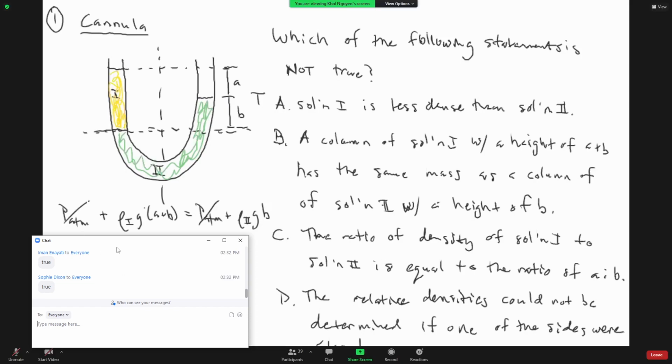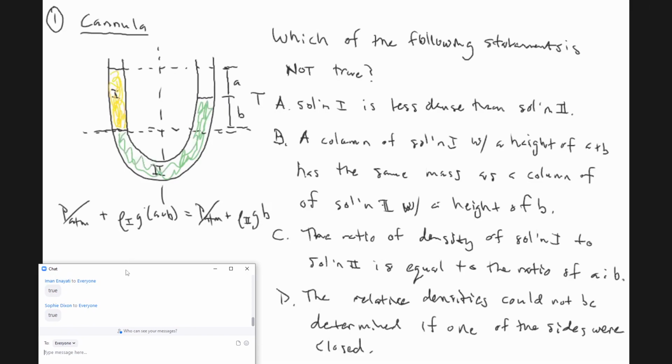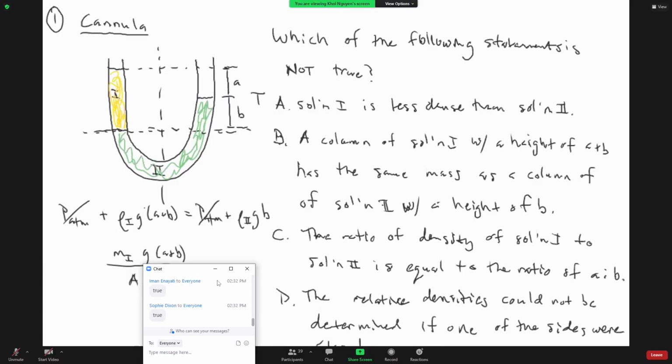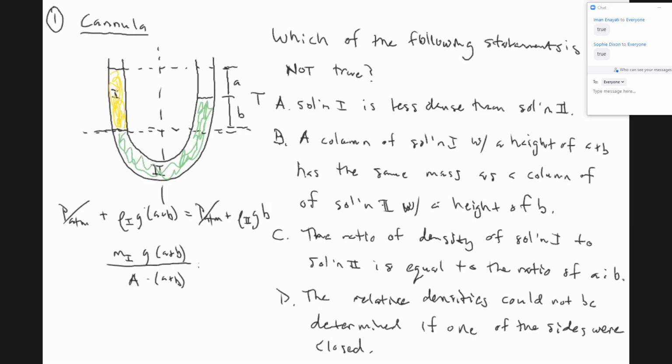So they're saying that a column of solution 1 with a height of A plus B has the same mass as a column of solution 2 with a height of B. Density is mass over volume. So we have mass of solution 1 times gravity times A plus B, all over the volume, which is cross-sectional area times that height of A plus B, equal to mass 2 times gravity times B, all over cross-sectional area times the height of B, right?